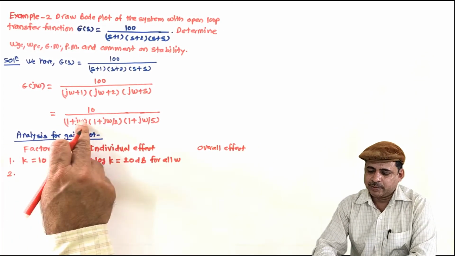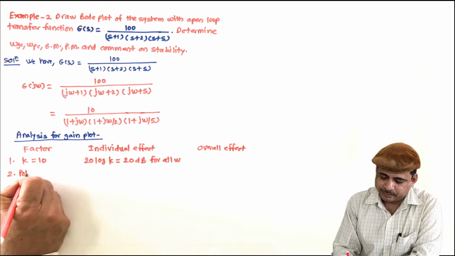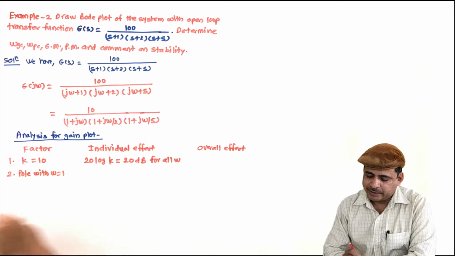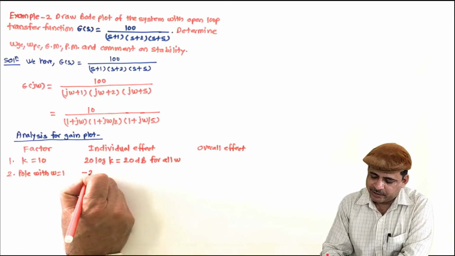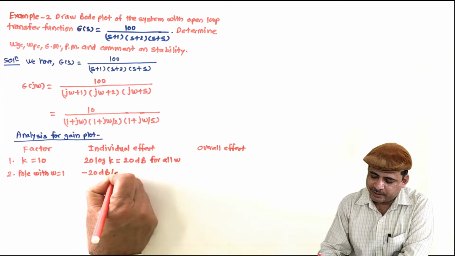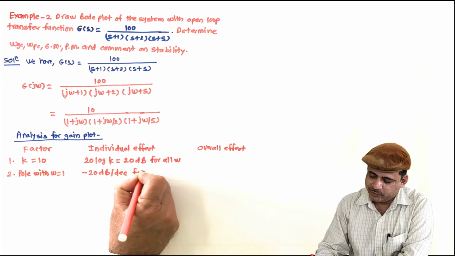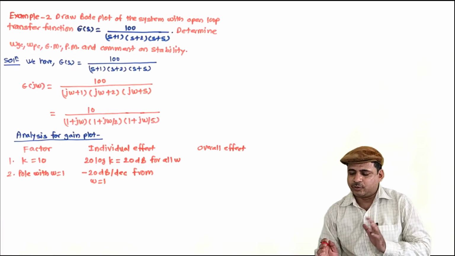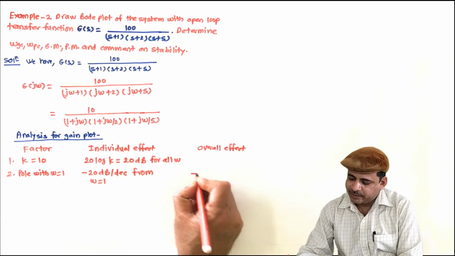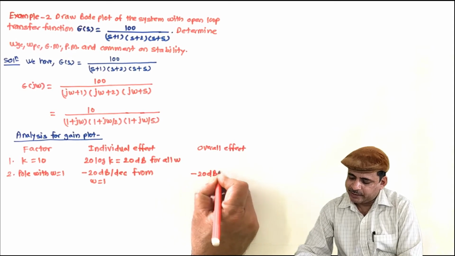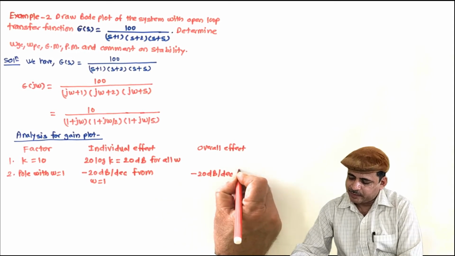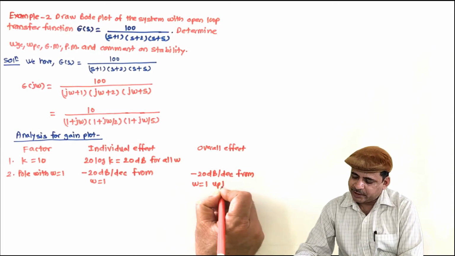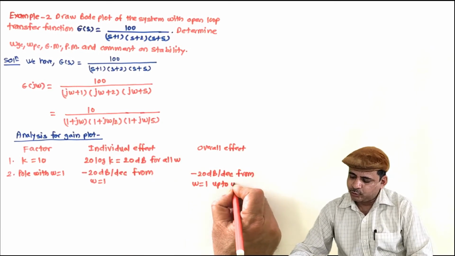The second factor will be a pole with omega equal to 1. As it is a pole, its effect is minus 20 dB per decade, and its impact will start with omega equal to 1. The overall effect will be minus 20 dB per decade from omega equal to 1 up to the next factor, that is omega equal to 2.